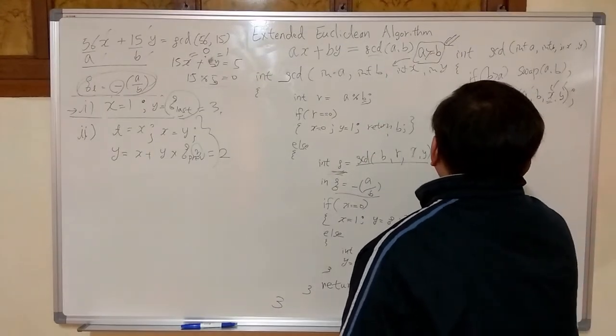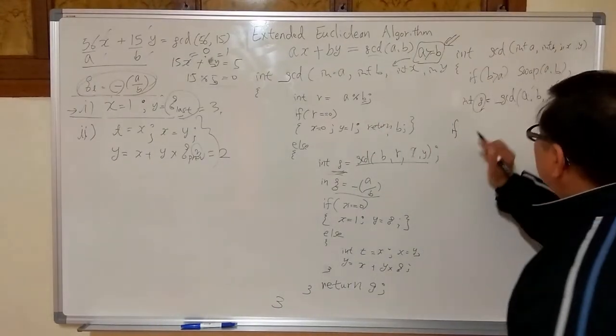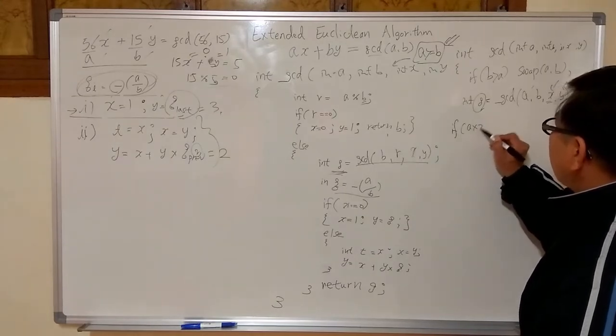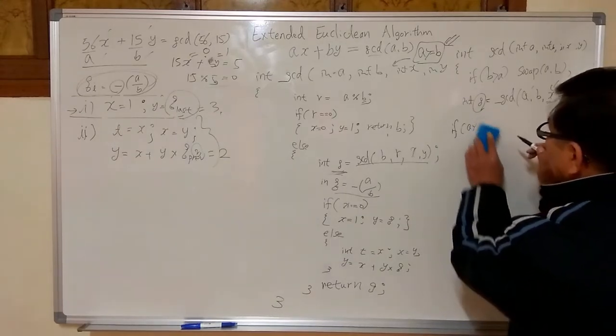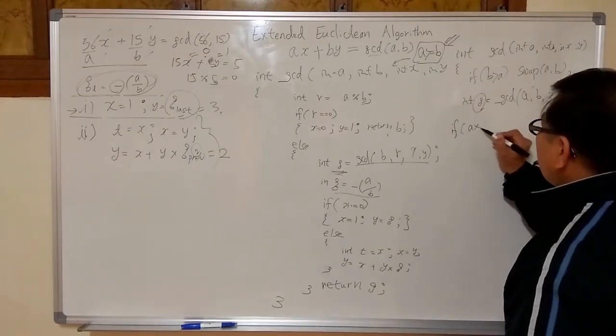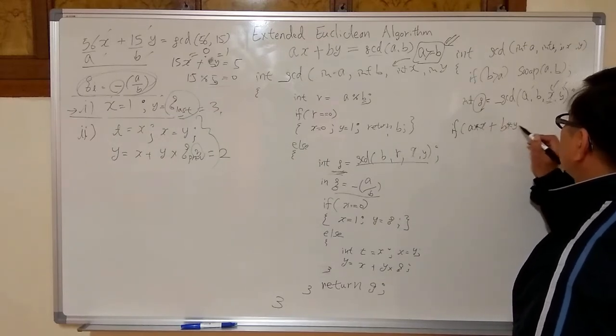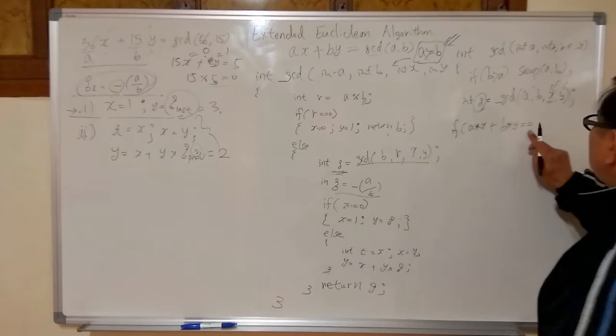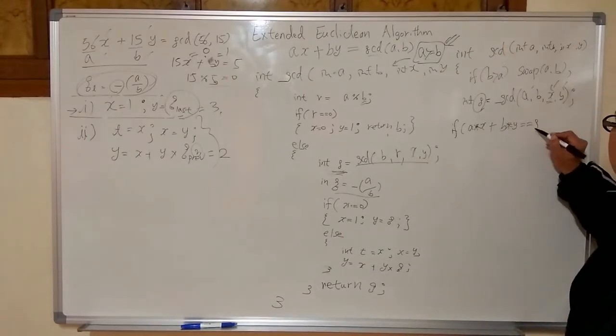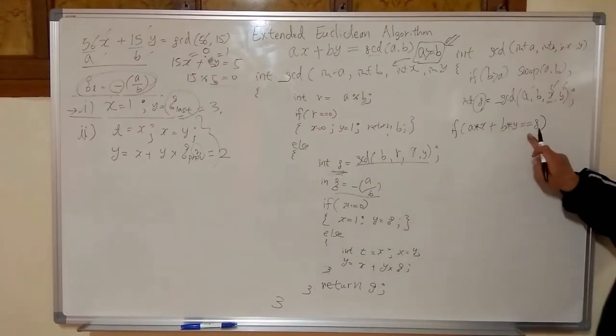So if A times X plus B times Y equals G. You understand?